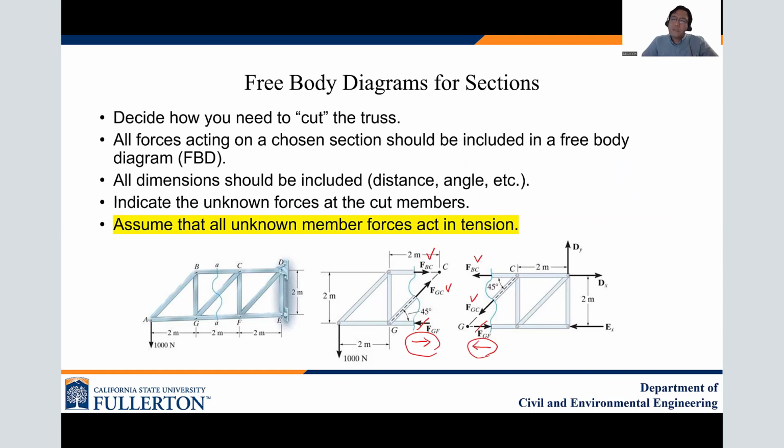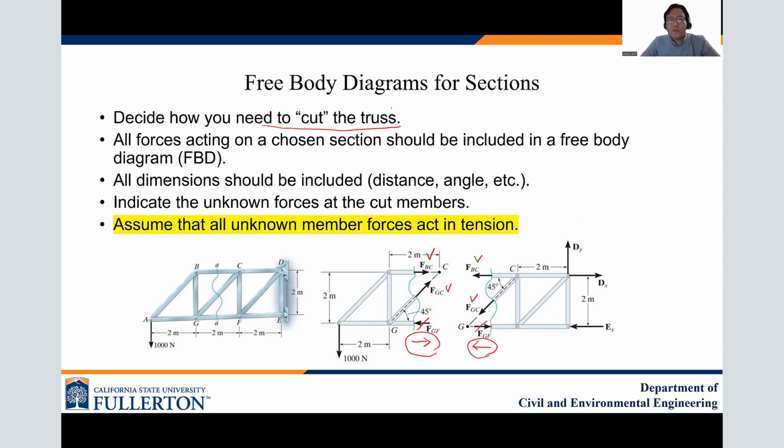This slide gives the important guidelines related to the free body diagrams for sections. First, decide how you need to cut the truss. This is the very important first step. Then all forces acting on a chosen section should be included in a free body diagram.